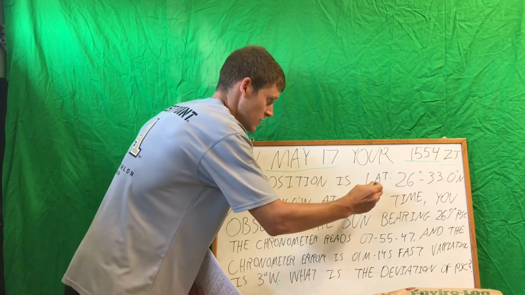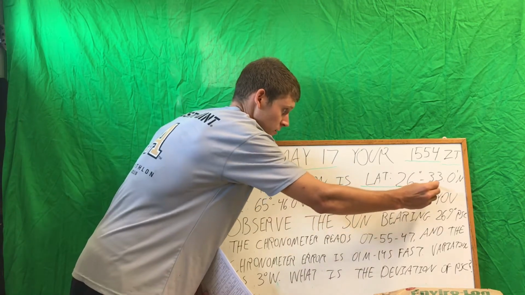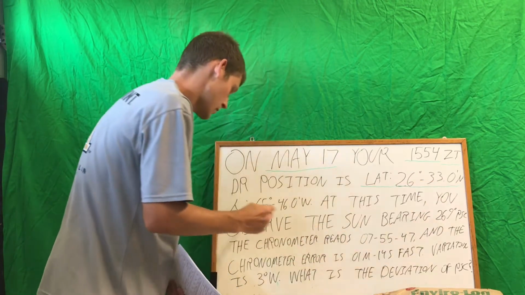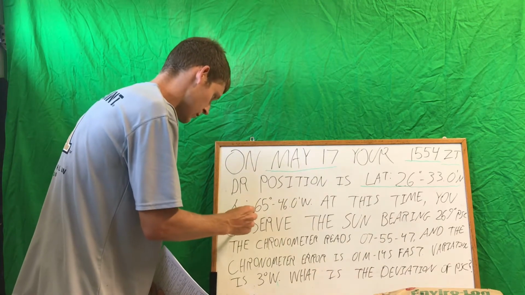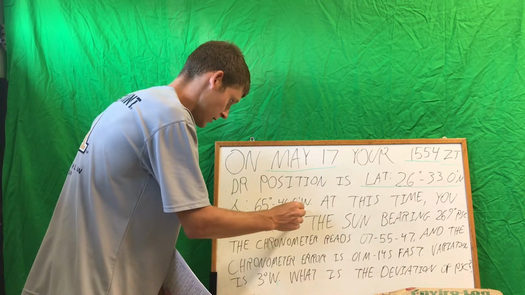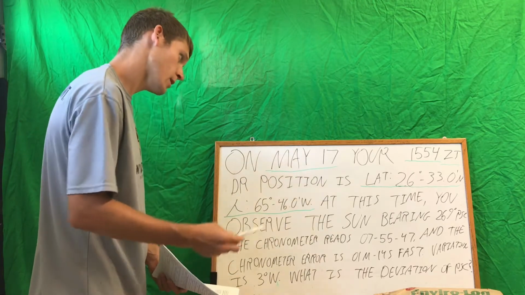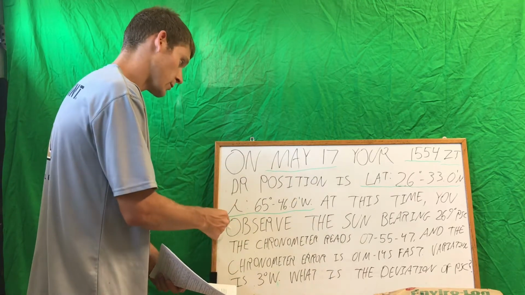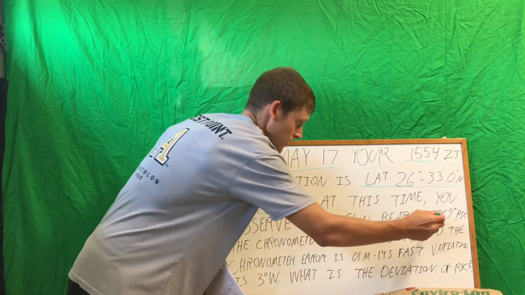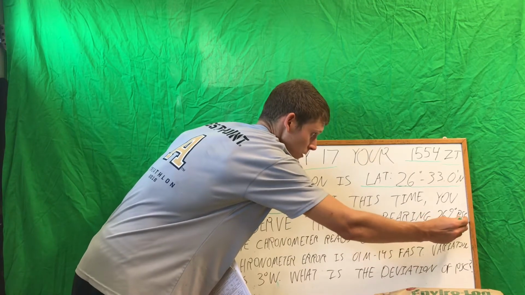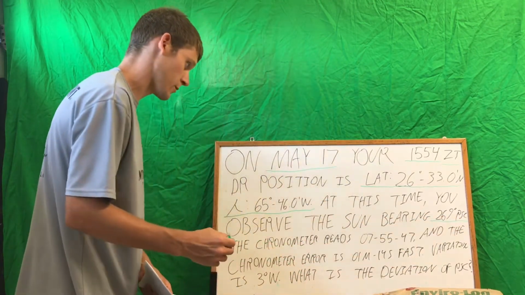Our position is latitude 26 degrees, 33 minutes north. Longitude is 65 degrees, 46 minutes west. And we know that we observed the sun bearing 269 degrees per standard compass.